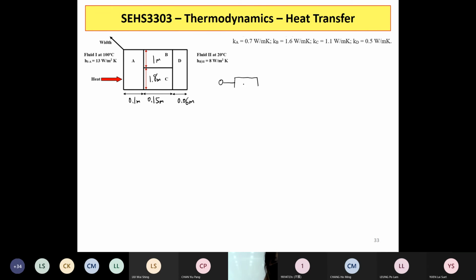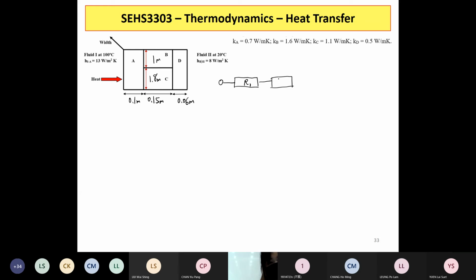First, from fluid 1 to this outer surface, that is R1, the convective thermal resistor.